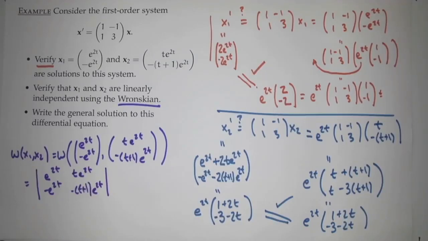Now we can take it as is, or we can say, hey, can we pull out any common factors? All right, we have e to the 2t's. Now, where do we have e to the 2t's? Someone said first or second row.